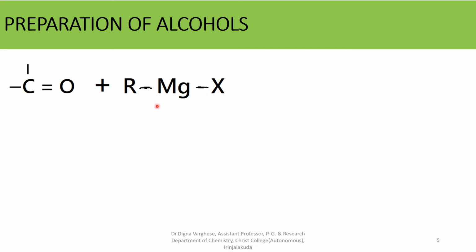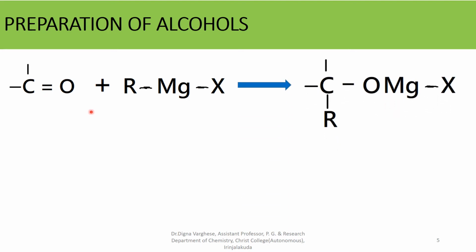Grignard reagents are nothing but alkyl magnesium halides. So the Grignard reagent attacks the carbonyl group, whether it is an aldehyde or a ketone, and forms an adduct, that is COMgX. Here you can see the mechanism.